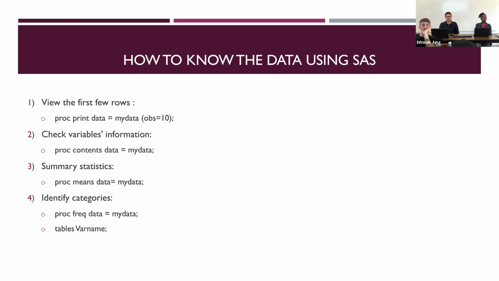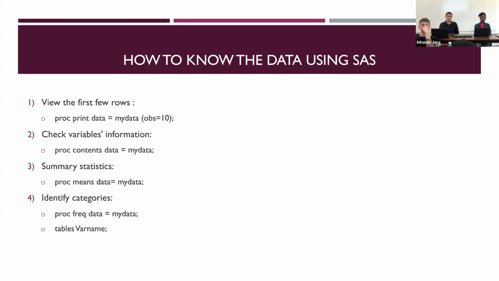You can use it to understand what the data set looks like. The second is PROC CONTENTS. This command provides basic information about the data set, such as the variable names, data types, and how many observations the data has.